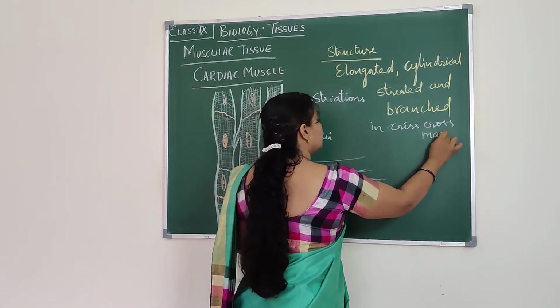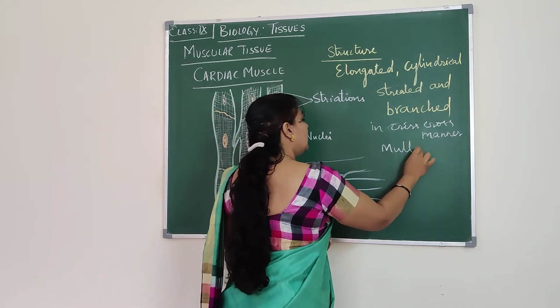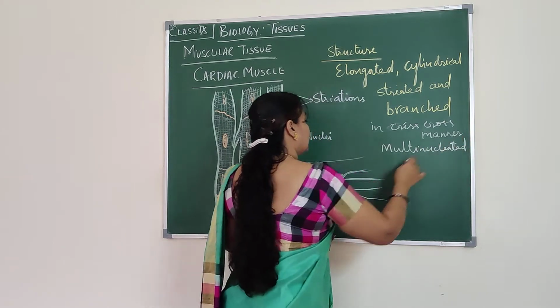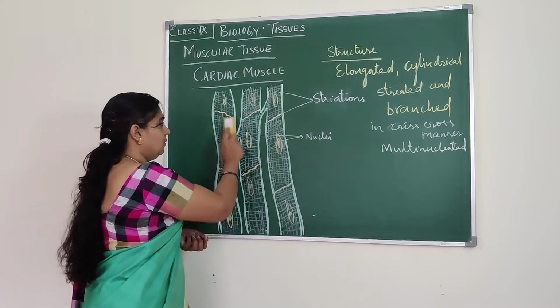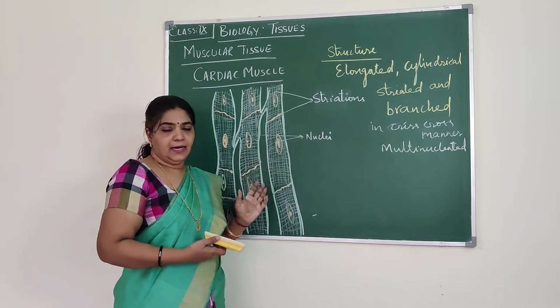That is our cardiac muscle. It is also multinucleated. It is not made up of a single nucleus. It is made up of many nuclei.